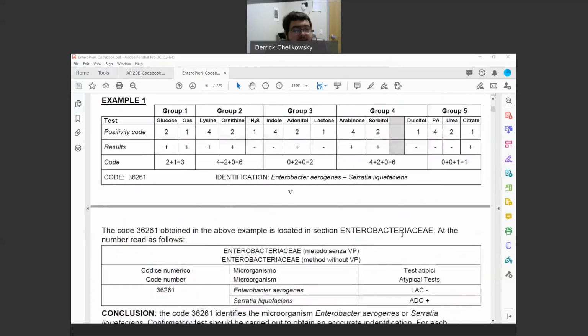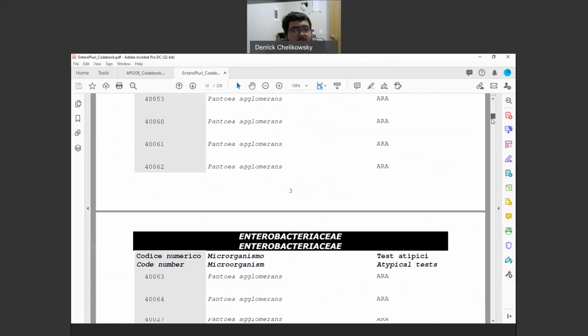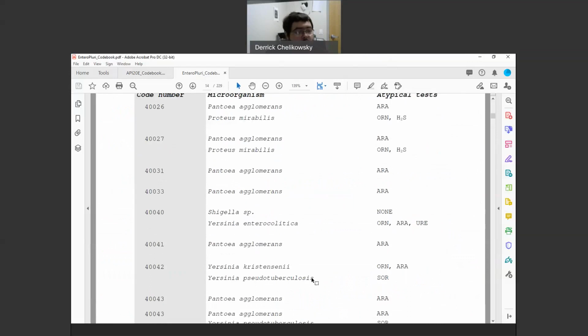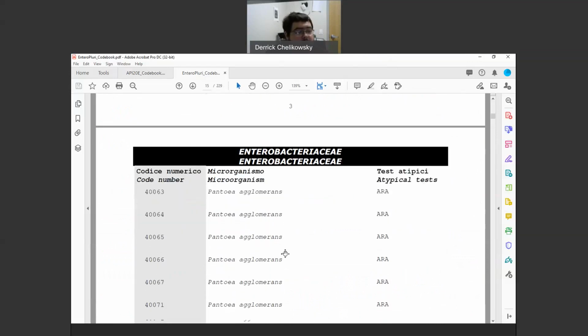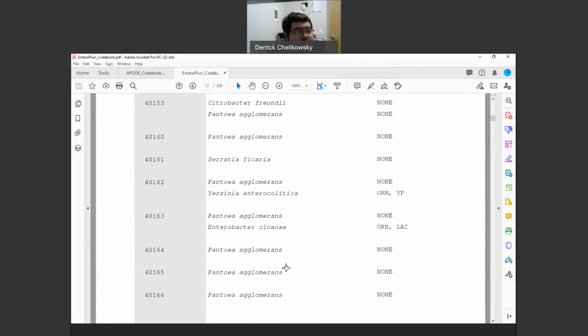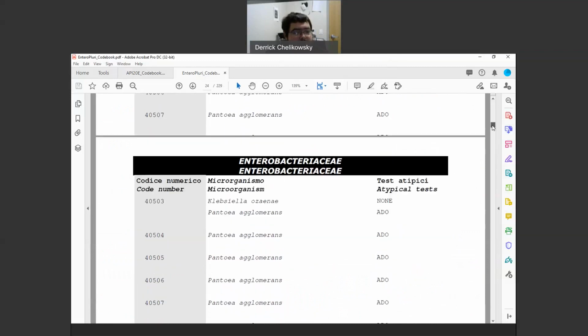So we're going to scroll down here. After we get past all of this, we start getting into numbers. And we're looking for 411, which is probably towards the midpoint.